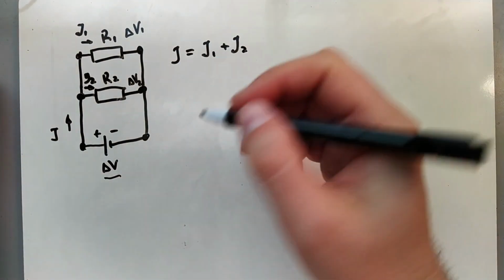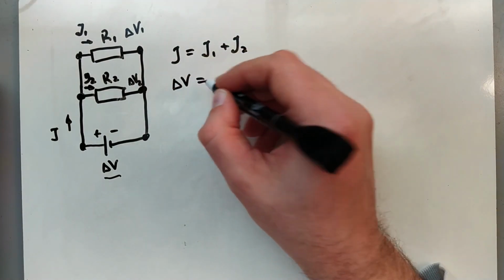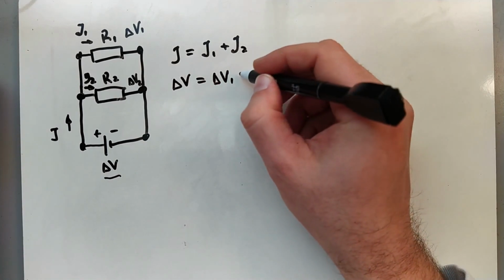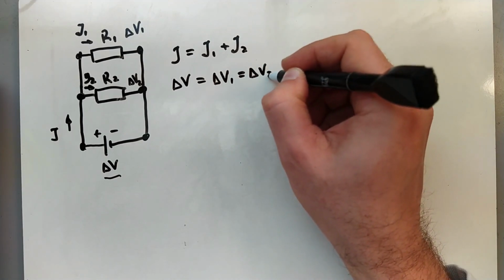And with parallel connection of resistors we can write that delta V is equal to delta V1 and is equal to delta V2.